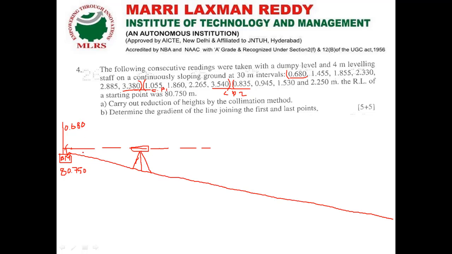So next, after a 30-meter interval, they have kept the staff. So here the height from the ground to the line of collimation is 1.455.